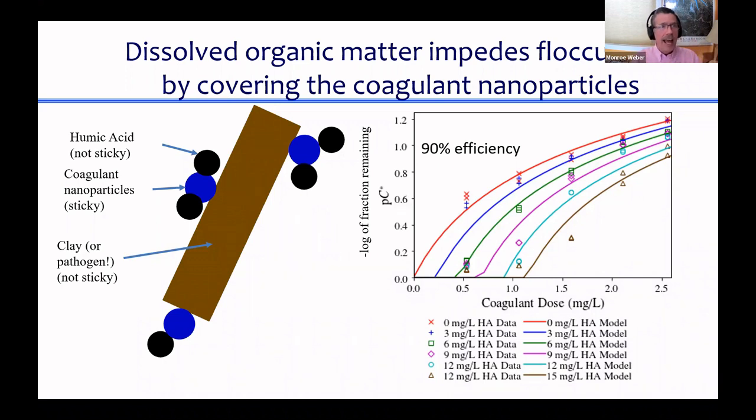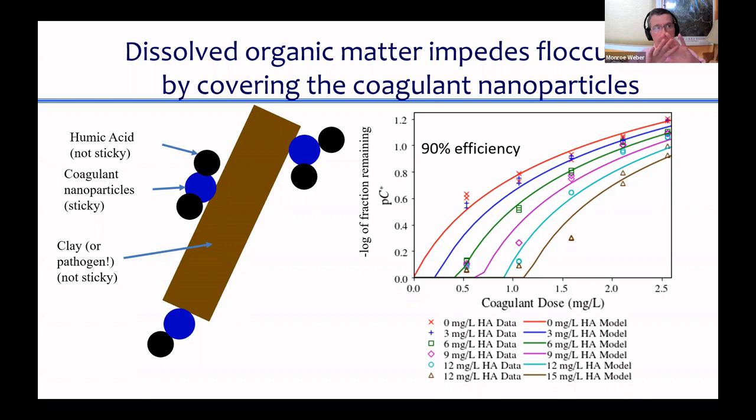And if you keep on adding more coagulant nanoparticles, all of the dissolved organic matter eventually is tied up on those coagulant nanoparticles. And then you keep on adding more coagulant, and then and only then do you start having some coagulant that isn't coated with the dissolved organic molecules. And only then do you start having stickiness and flocculation start to happen.